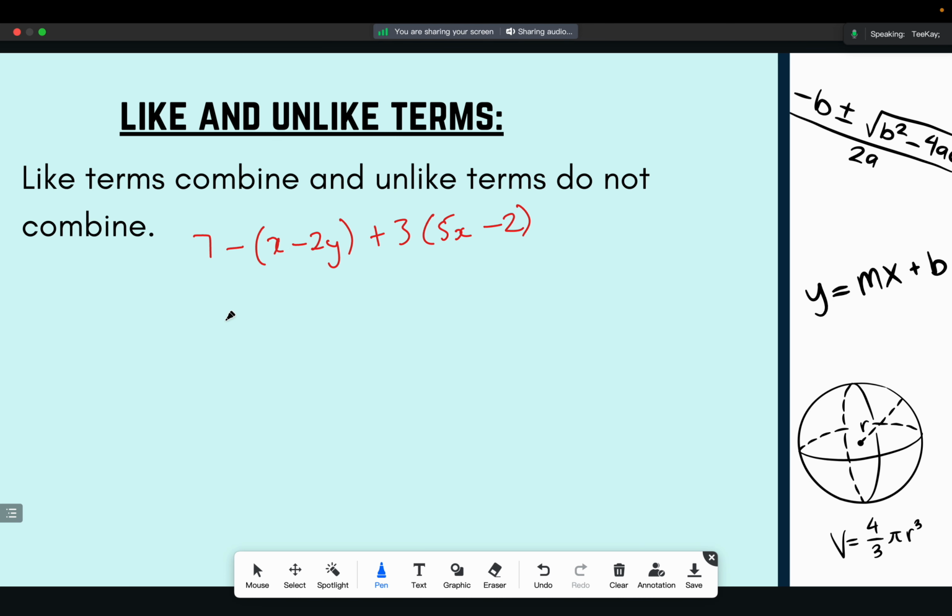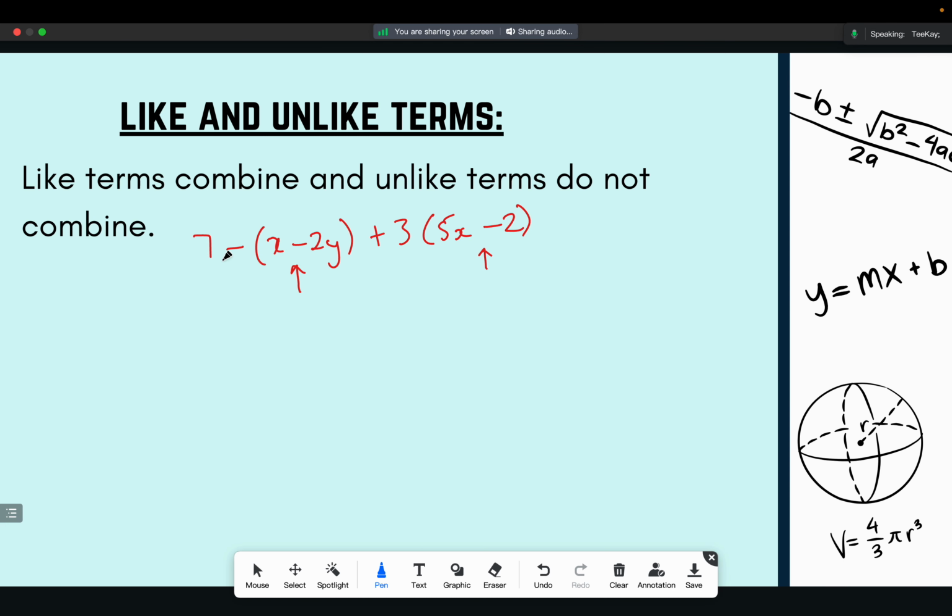We talked about BODMAS before, so we deal with brackets first, right? But the problem is inside the brackets we don't have like terms, so we cannot solve this. So we remove the brackets first.